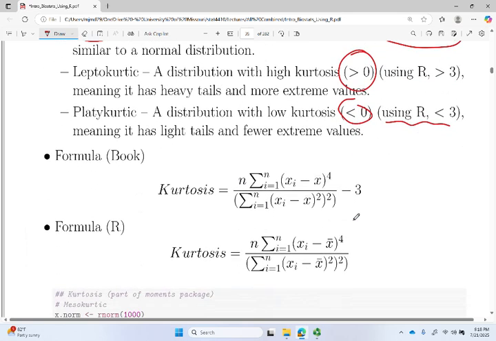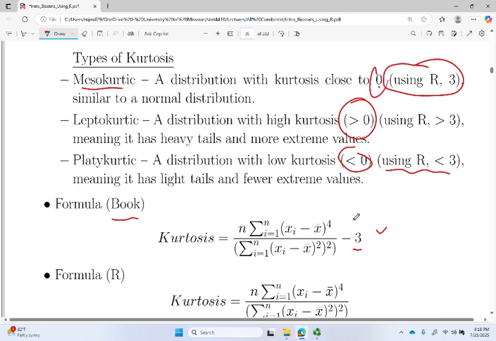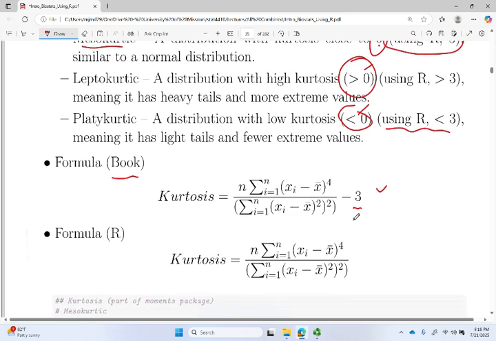So these are the formulas. Now, most books provide this as the definition for kurtosis. And notice that we're subtracting 3. That forces it to be 0 for a normal distribution. It's positive if it's leptokurtic, meaning it has fat tails, and skinny tails would be negative.